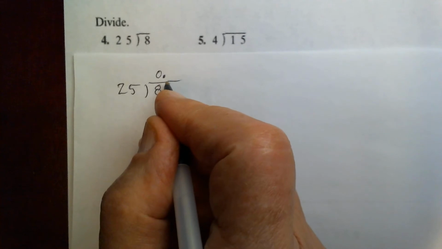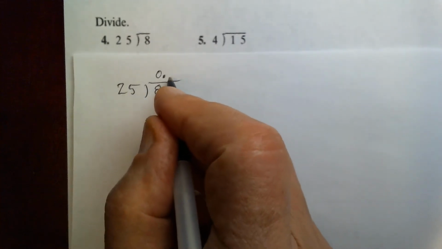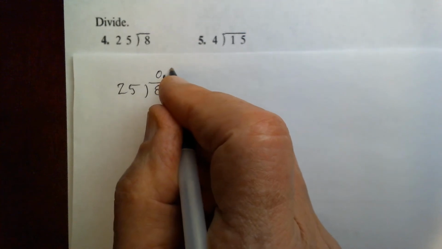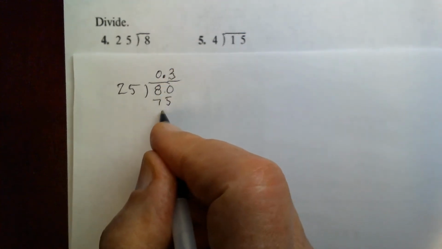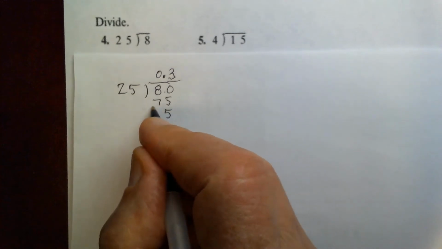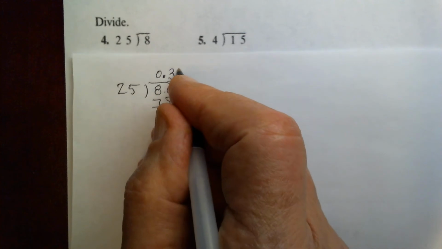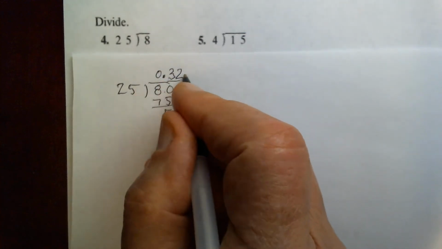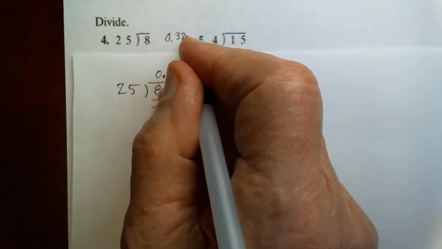That's a period, it's a decimal. And then we have 0, and 25 into 80 is equal to 3. And 3 times 25 is 75. We subtract. That's a 5. Bring down the next 0. And 25 into 50 is 2. So the quotient is 0.32.